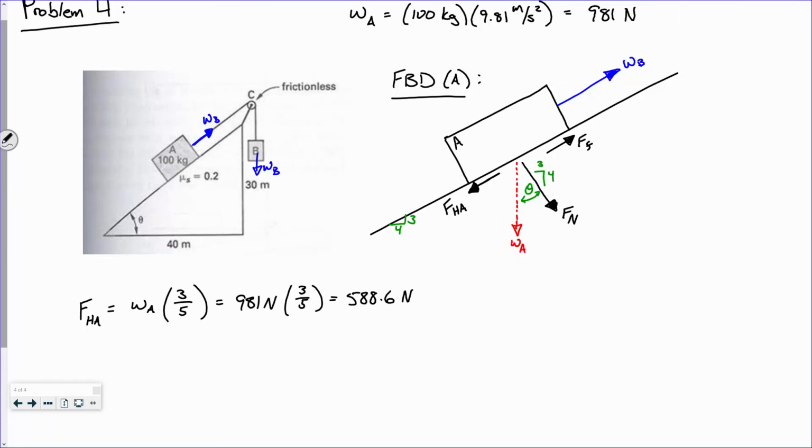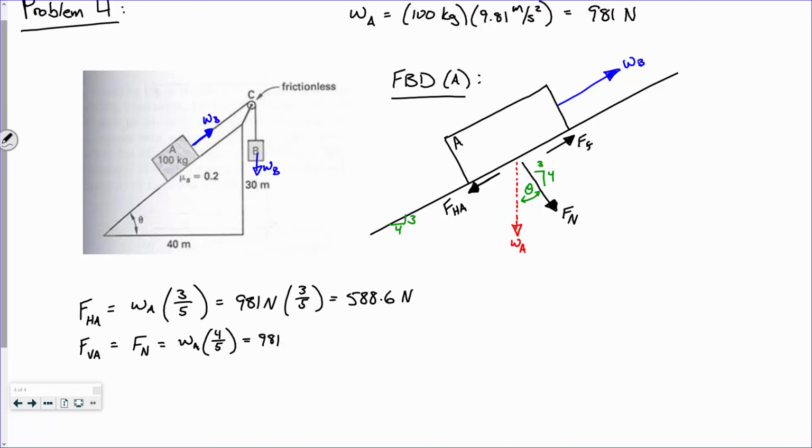588.6. Now, the vertical component of A, the component perpendicular to that incline, is the same thing as F sub n. Anybody remember what that stands for? Normal force. There we go. All right. So that's the weight times 4/5.